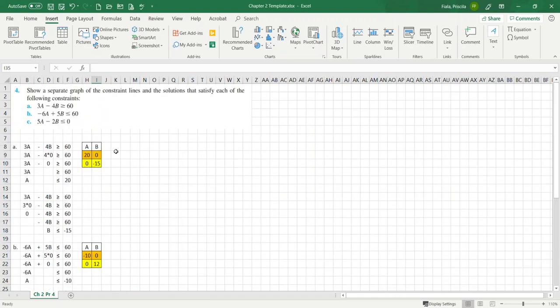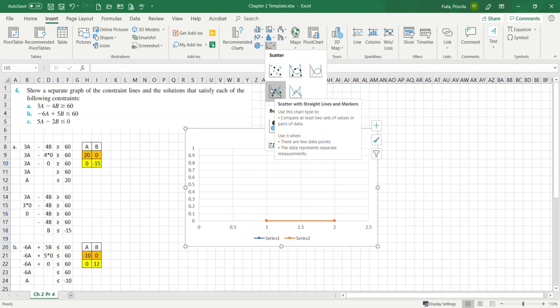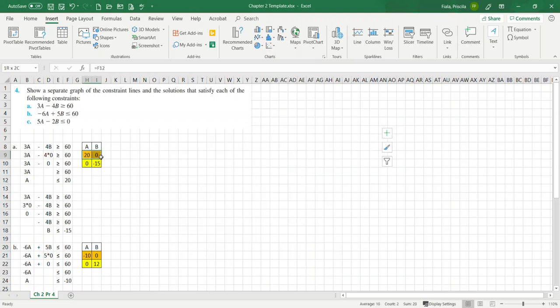So let's go up here. If you do have your Excel set up correctly, you do not need to go through all the trouble that I went through before to add the graph and get the shell and add the points. All you need to do is select all 4 points, and then be on insert.